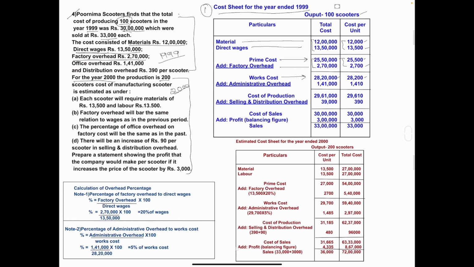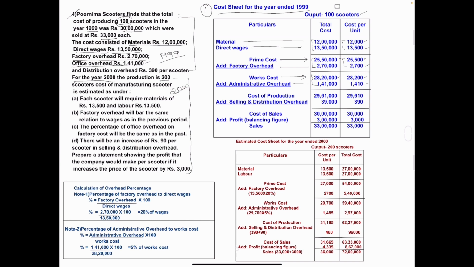Add administrative overhead. See in the problem, office overhead. Administrative overhead is also called office overhead. Amount is 1,41,000. So write in solution, administrative overhead 1,41,000. Per unit, 1,41,000 divided by 100, amount is 1,410.